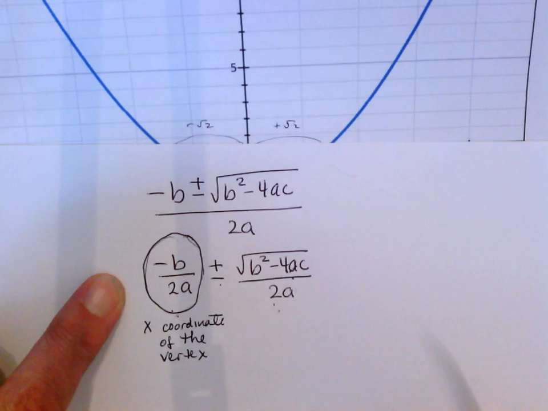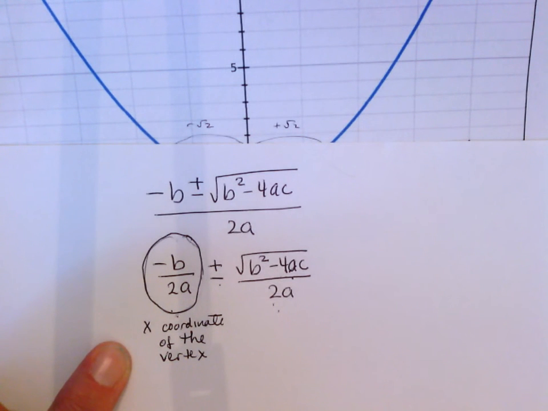It turns out we can still find the x-coordinate of the turning point, or the vertex, by using negative b over 2a. So this is a very important formula. It's another formula that you want to remember. It's just the first little part of the quadratic formula, and it's going to be a big help to us when we're trying to find the maximum or minimum of our quadratic function.